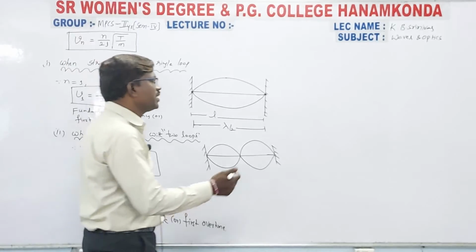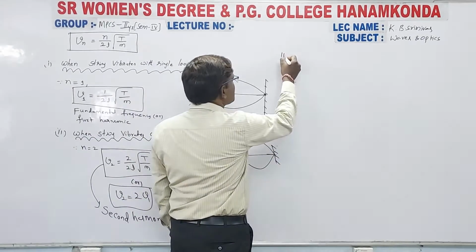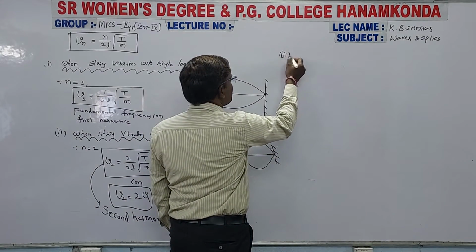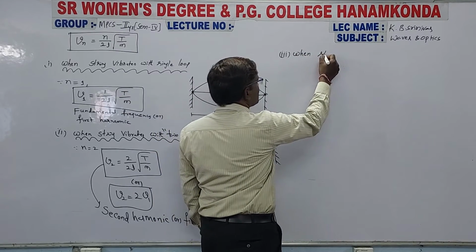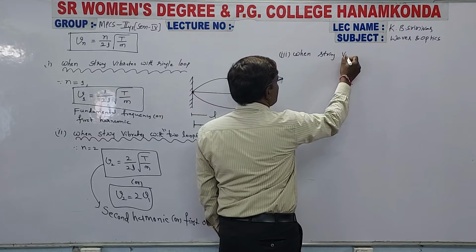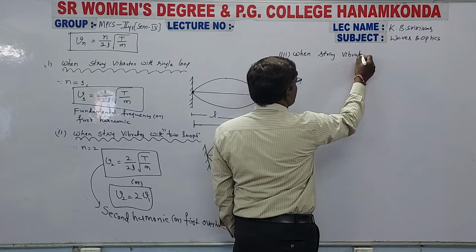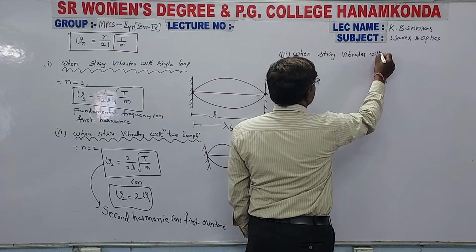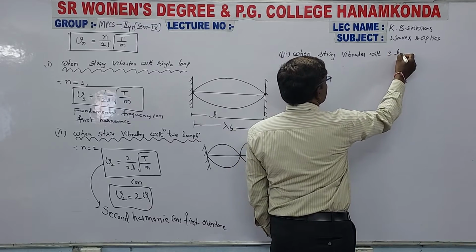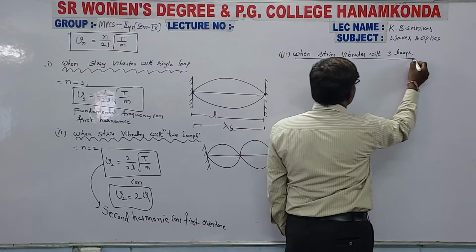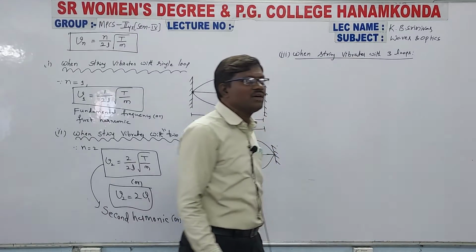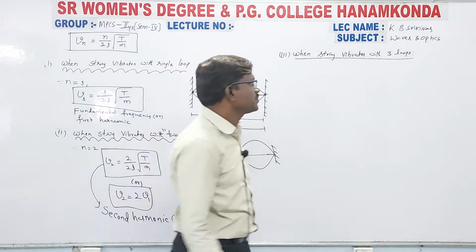When the string is vibrating with 3 loops or 3 segments, what is the expression for frequency of the wire? Clear? Right.